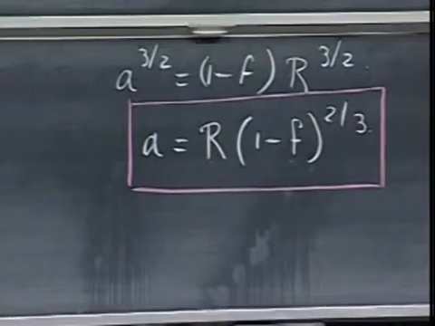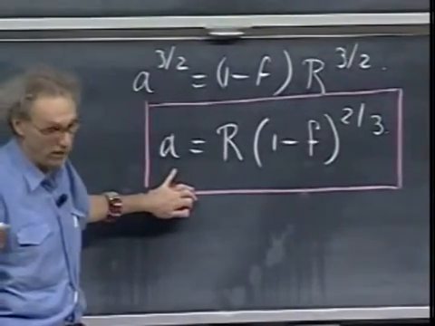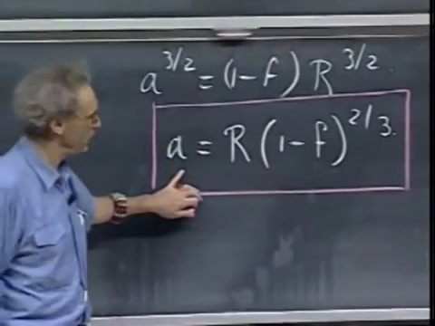But once you know the semi-major axis, you can immediately calculate with equation 5 the speed of the sandwich.